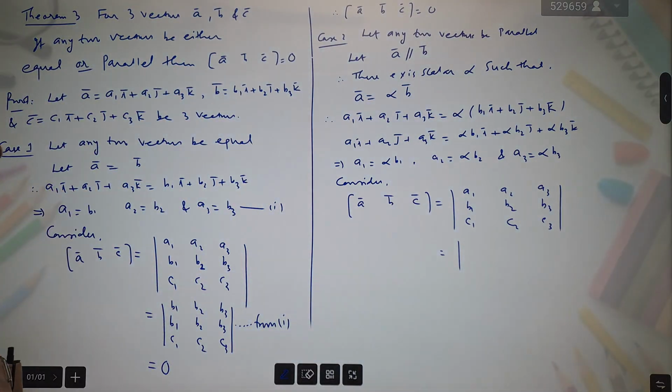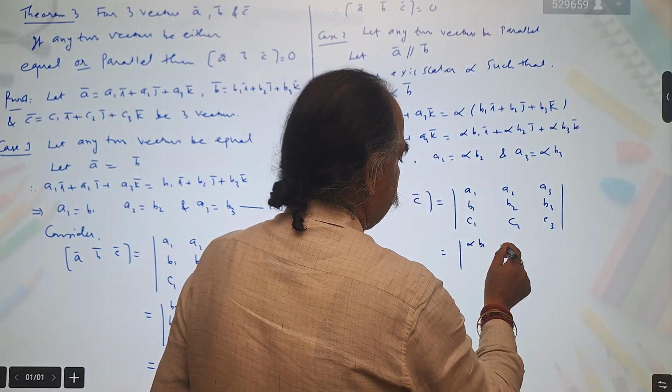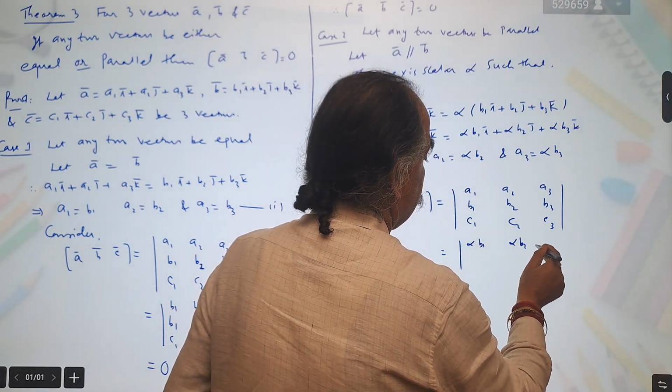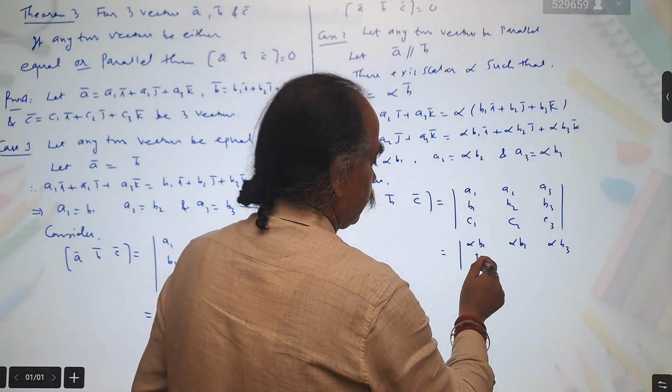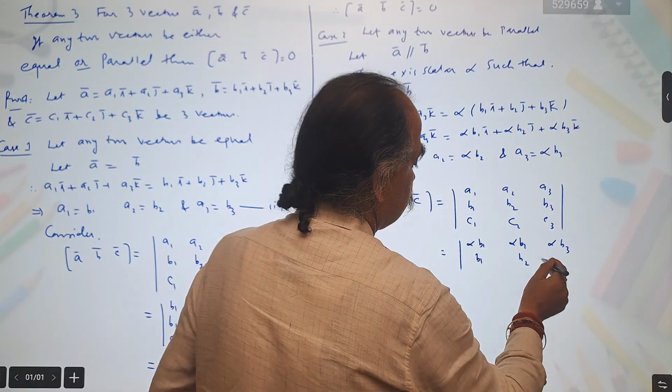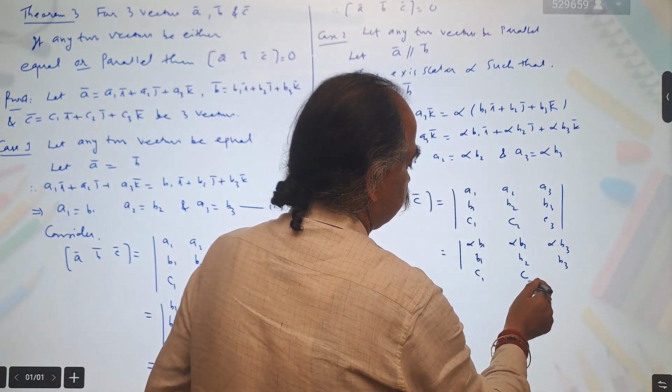Now A1, A2, A3 is same as alpha B1, alpha B2, alpha B3, B1, B2, B3, C1, C2, C3.